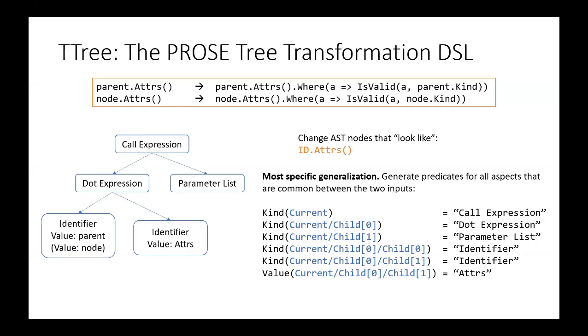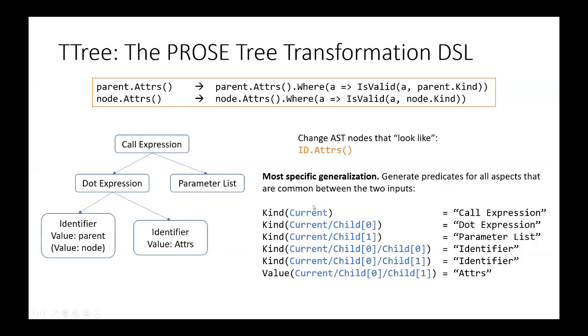Suppose this is your abstract syntax tree, and this is the node you're trying to change. It's a call to something dot attributes with some parameter list.